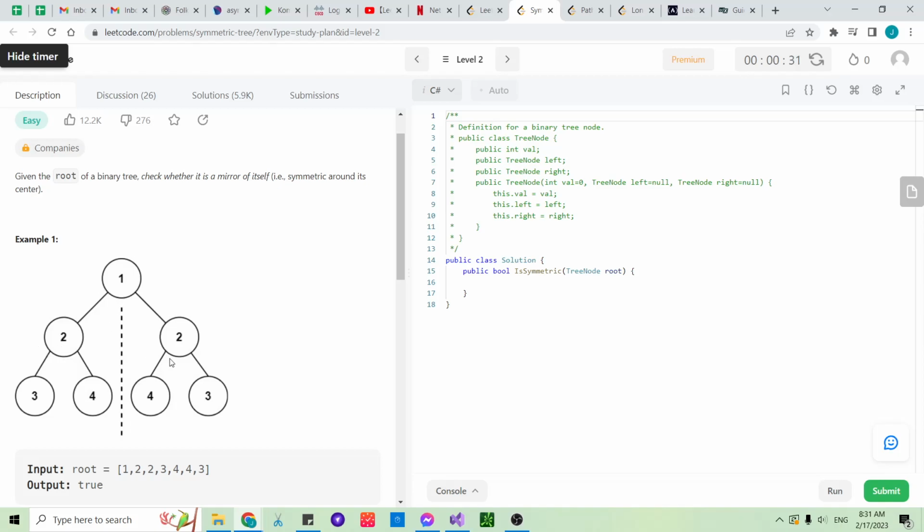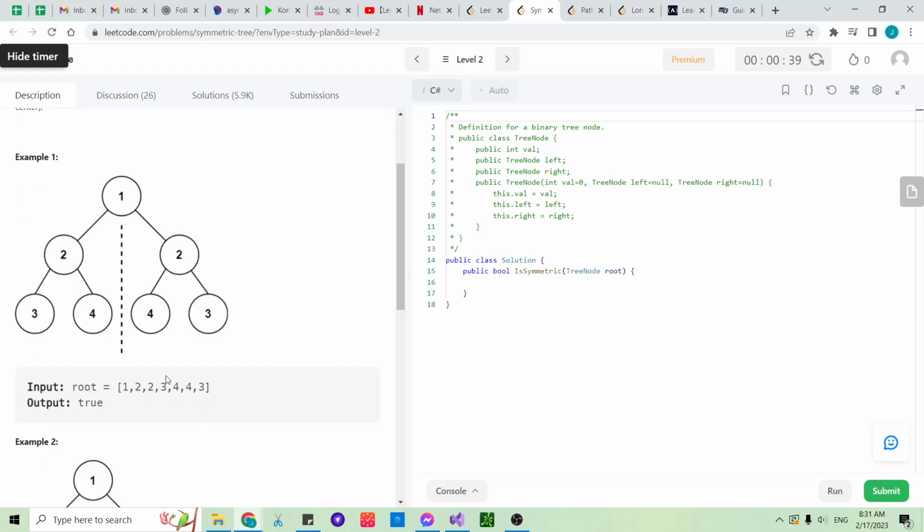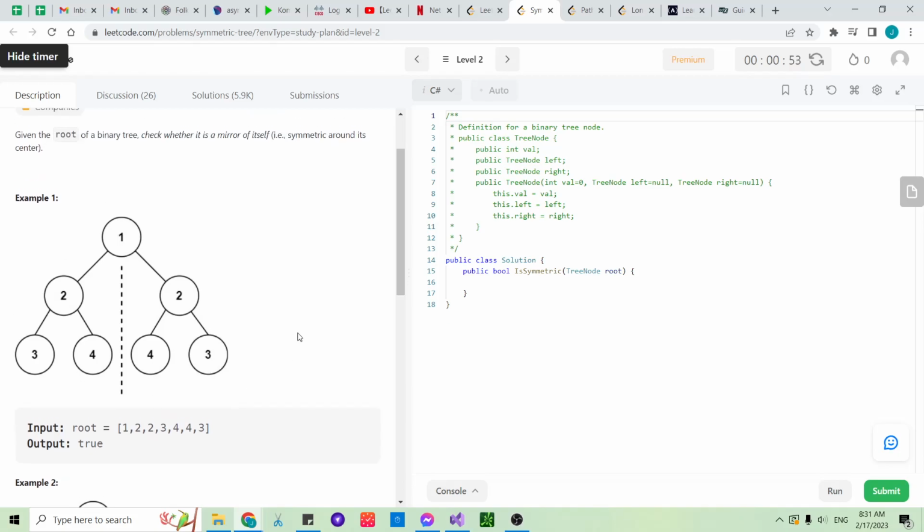So if we had more children under here, say we have 5 and 6, that would be 6 and 5. That would be symmetric. Okay.